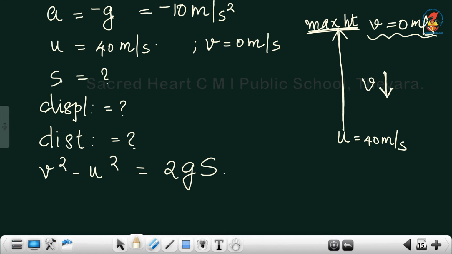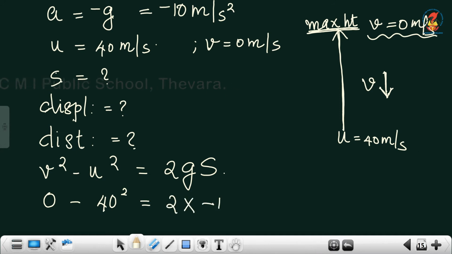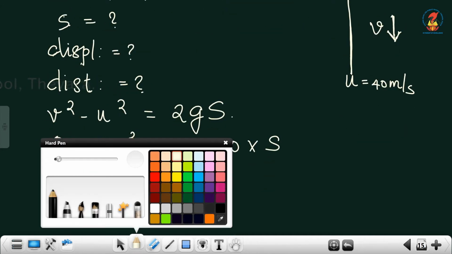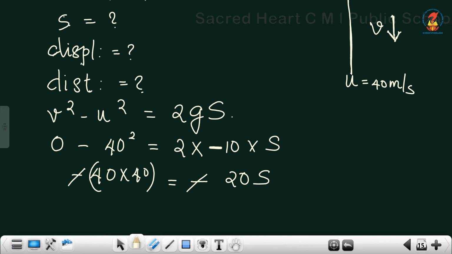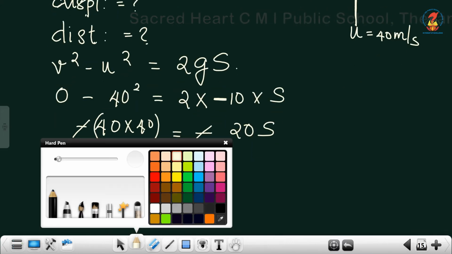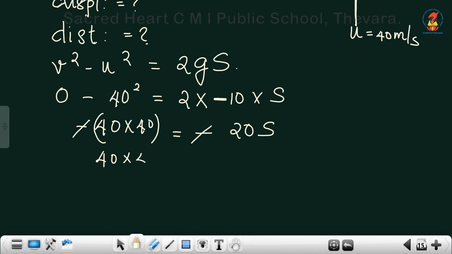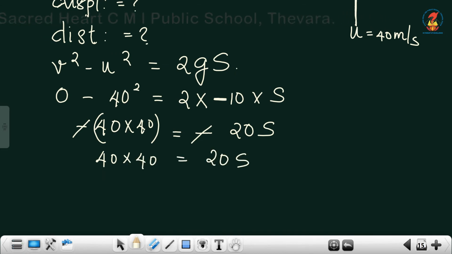Now substitute the given values. V is 0, minus U square, 40 square, is equal to 2 into g, which is minus 10, into S, which is what you need to find. That is minus 40 square, that is 40 into 40, is equal to, here also you have a minus, take it outside, 2 into 10 is 20S. Minus and minus cancel off, remaining is 40 into 40 is equal to 20S.